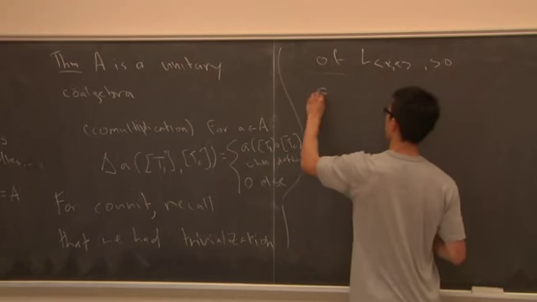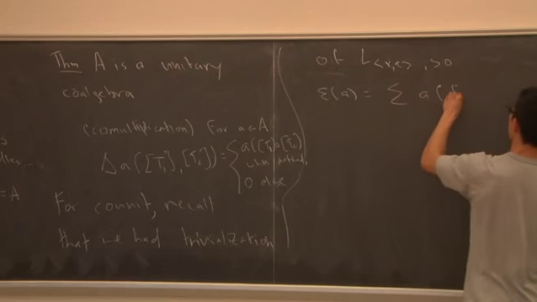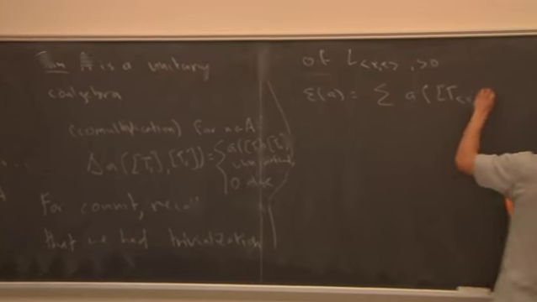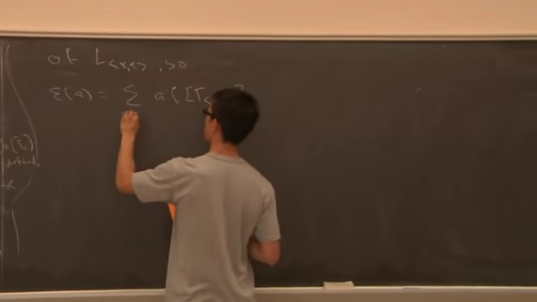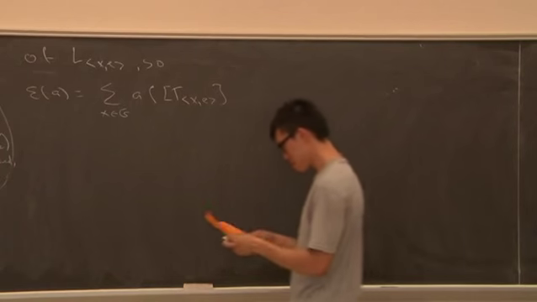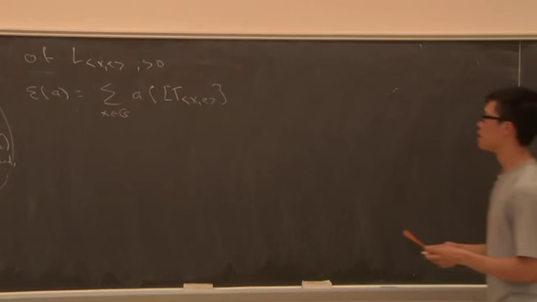So we can define this co-unit to be A evaluated on this thing, just summed over all the x's in my group. Right? Okay. So that does that.